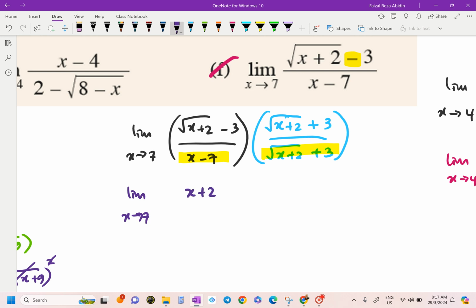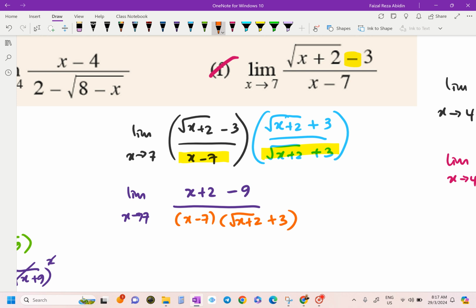The middle one we can simplify. So negative 3 times 3, I'm going to get negative 9 straight away. Over here, just copy back x minus 7 with our square root of x plus 2 plus 3. Just copy back that one.